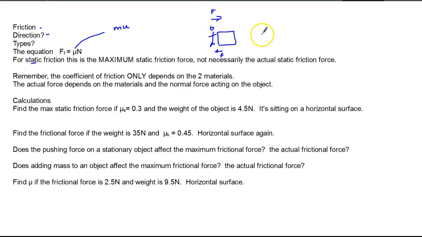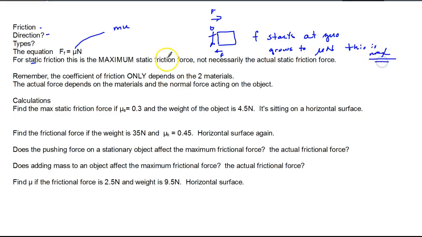So the frictional force starts at 0 if you're not pushing on it. And as I push harder and harder, the frictional force gets bigger and bigger, and it grows to mu N. So this is a maximum.